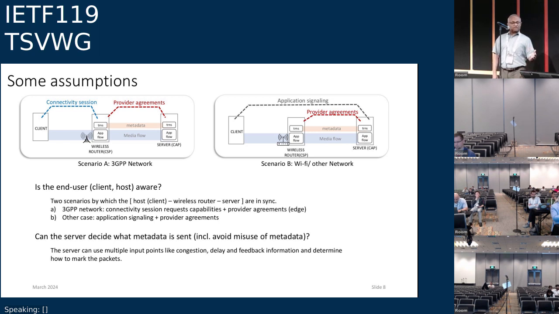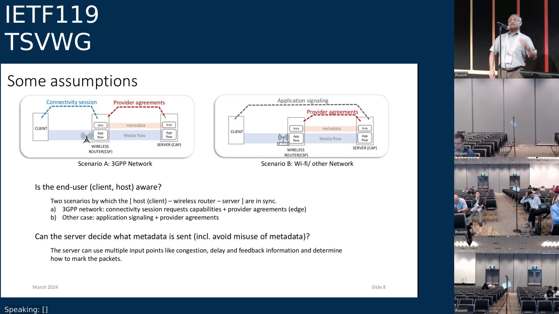Even where there is no such session, if you have an open network like a Wi-Fi network, there may be provider agreements between the server and the wireless network, and application signaling can confirm whether the client is willing to have this kind of metadata disclosed. So there is an end-to-end mechanism, and the client's preferences are definitely considered.